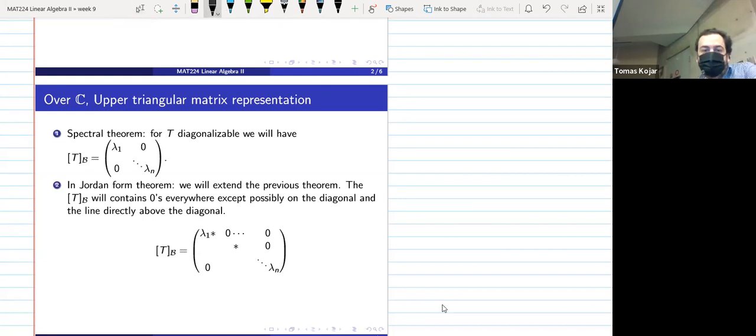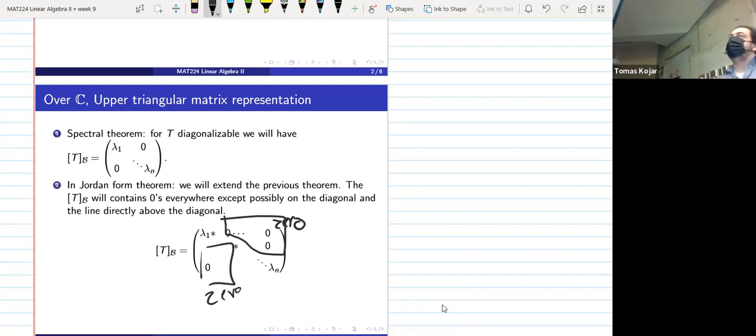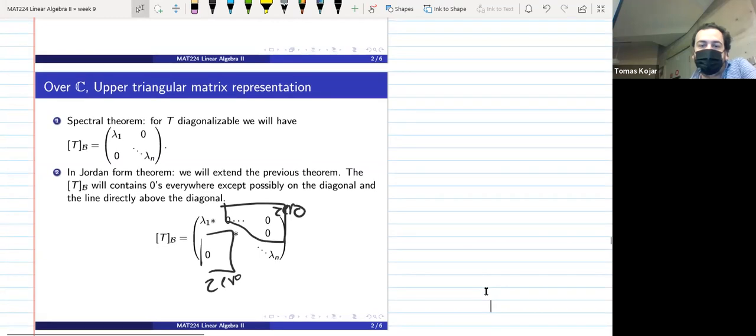So the Jordan form says that you're mostly 0, for any map. This is not a normal map, symmetric map, or self-adjoint map, but any linear map over the complex numbers. So that's the main result before we finish.